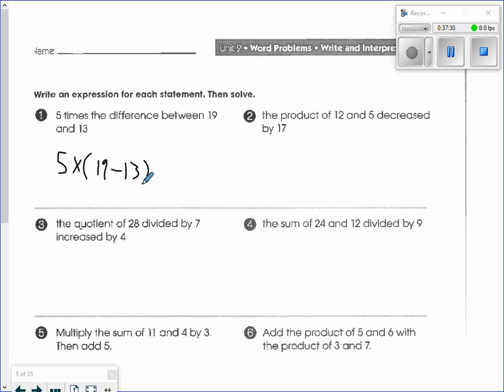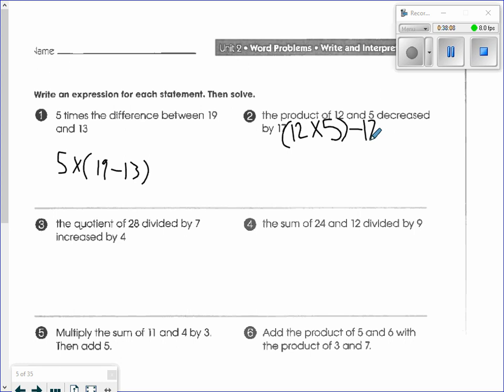The product of 12 and 5 decreased by 17.